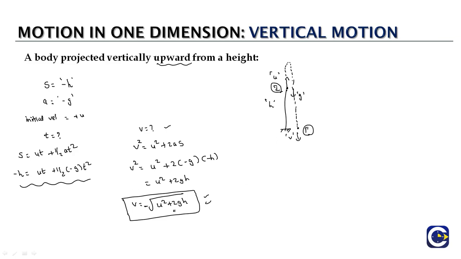But just to talk about the magnitude, we can say it is going to be the root of u² + 2gh. So this is about the motion of an object projected vertically upward from a height h. We are considering that it will climb to the maximum height and then fall back to the surface of the earth.